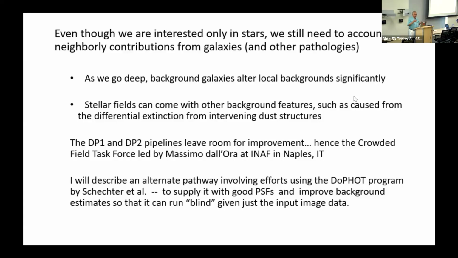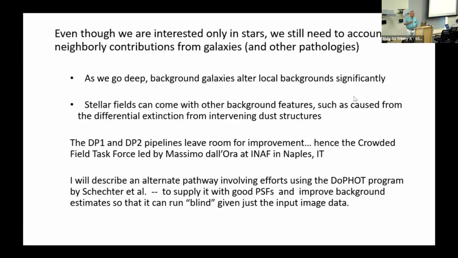They don't look like stars, but you still have to account for them to get the background correct. Stellar fields can come with other background features, such as caused by extinction from intervening dust structures, and I think Ian showed examples of that in that field, so I won't dwell on it.